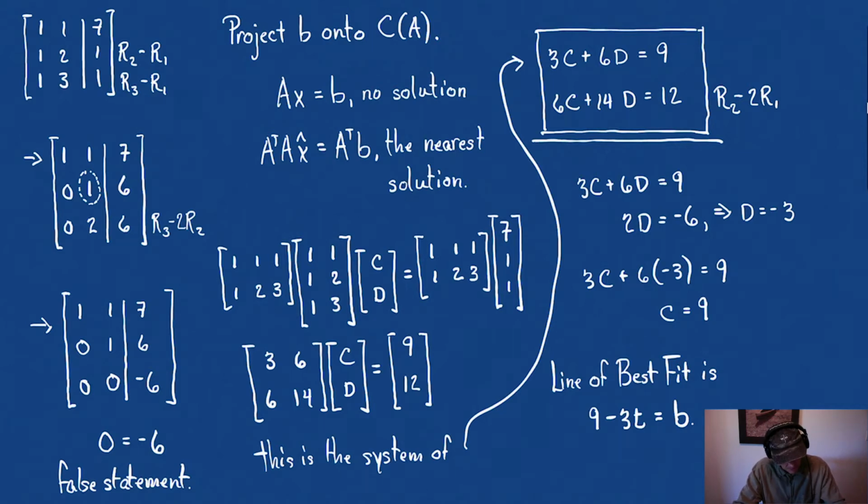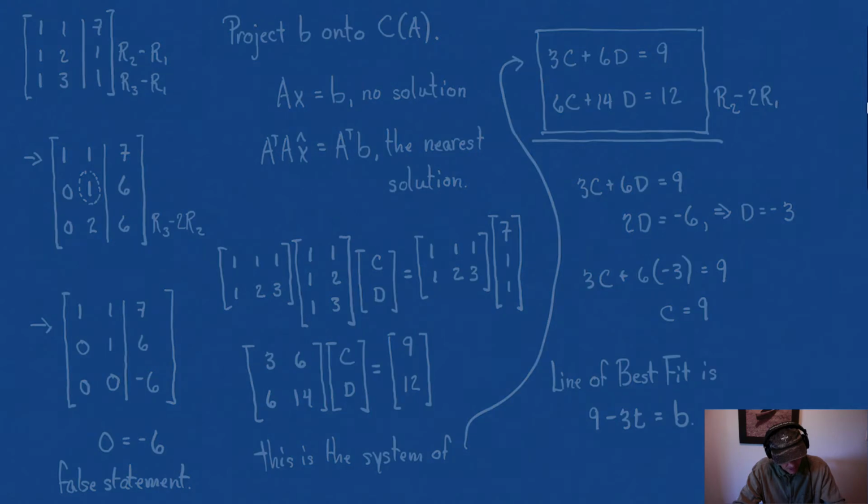I'm going to come to another screen here. And let's do this. Remember that what we said is that the projection of B onto the plane is equal to A times x hat.